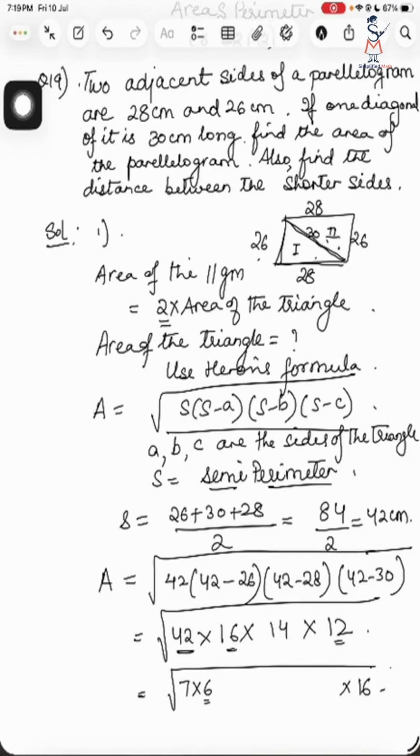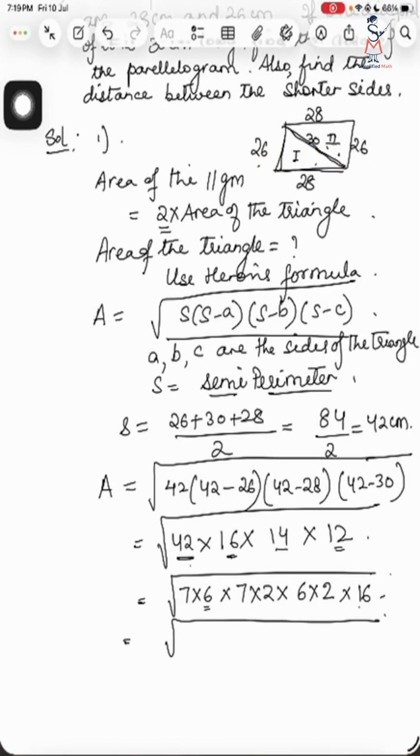Because I know 12 can be written as 6 into 2, so that 6 can make a pair with this 6. 14 can be written as 7 into 2, and 12 is 6 into 2. Here you have to apply a little bit of your brain about which factors you will break the numbers into. Or if you are confused, put them in the lowest factor form. Factorize every number and then pair them up.